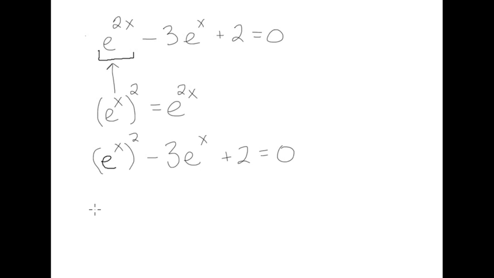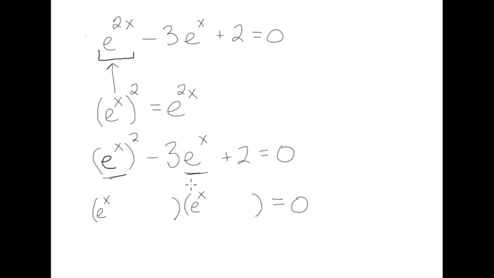And while we in this class haven't talked about factoring polynomials, you've definitely seen it before. And the thing to realize is that you can factor e to the x just like you would any variable, y or z or x. So in other words, we can split this into two terms that are being multiplied together in order to find the roots of the function. In the first slot for each, we will put e to the x so that we get this e to the x squared term.